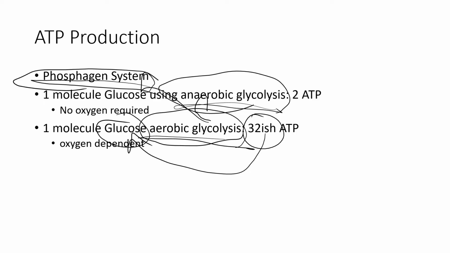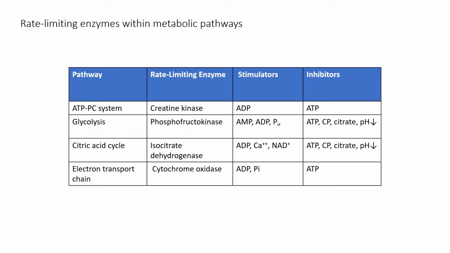We know in what circumstances which system would probably dominate depending upon the ATP demand, but we want to discuss what's actually going on in the cell to cause one of these systems to dominate.